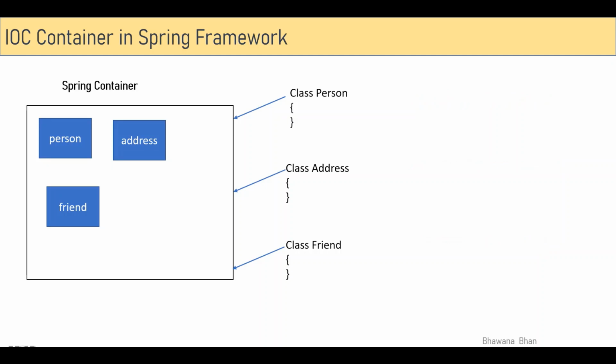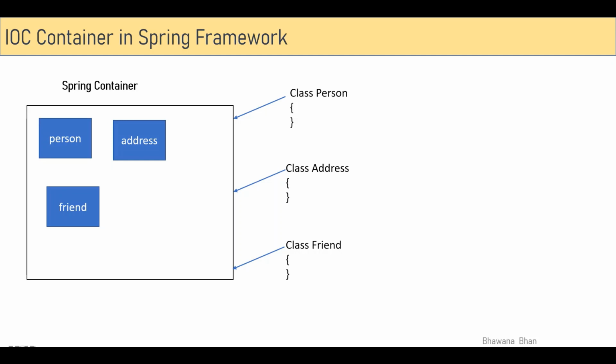This is exactly the IOC container. Since we are no longer engaged in creating the object, the Spring container is now responsible for managing it. Say we don't want to do this job, so we hire one person to do it for us. Who is that person? The container is there to do this job for us. The container is going to create the object for us and manage it.